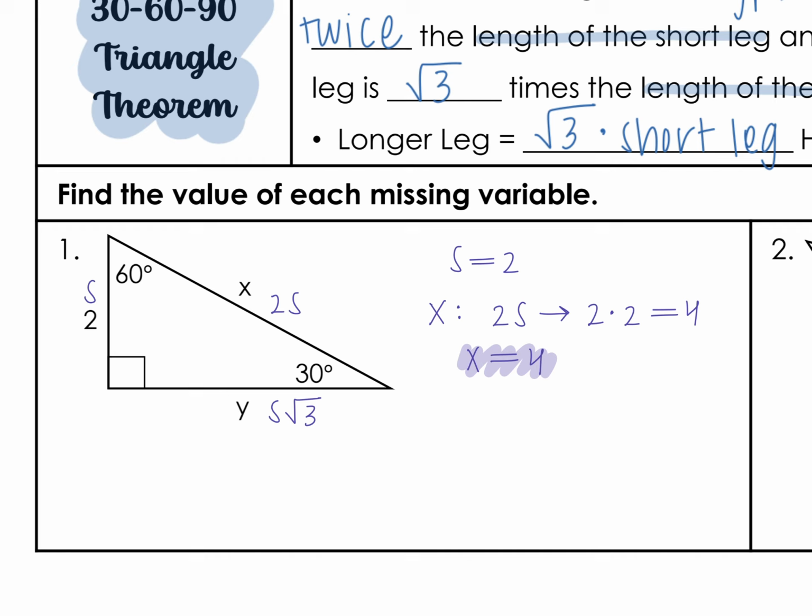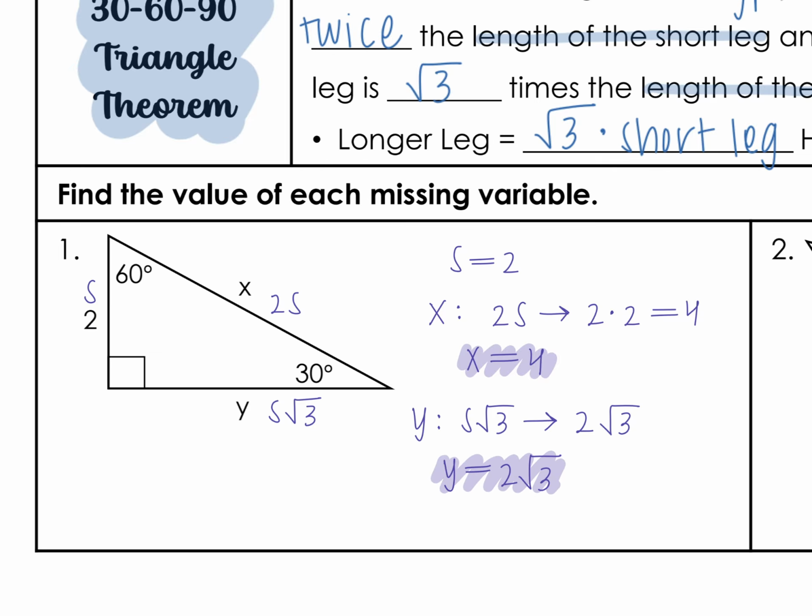Then moving into my y. Okay, so we have that s root 3. So plugging into that, we have 2 for my s root 3. And that's all we need to do because there is no simplifying. So 2 root 3 is going to be my answer for my y.